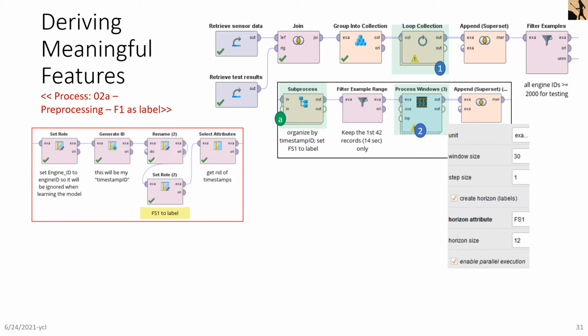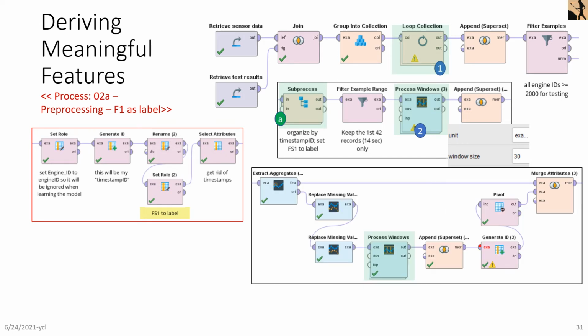Here this window is rather small, so we may as well just choose one single window. The size is 30, right? Remember, we used the first 10 seconds of records, 30 records, to do this processing. But we are to forecast 12 values, so the horizon size is 12. Remember, this is a multi-step forecast. It's not just forecasting a single value, right?